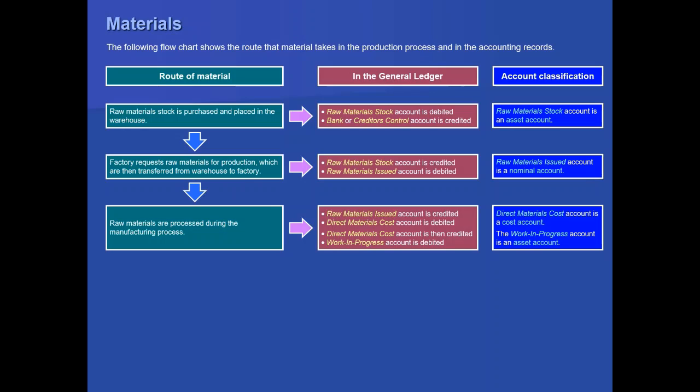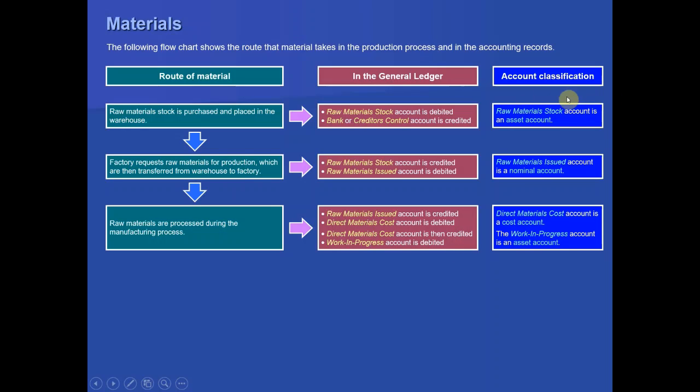This direct material cost account, as already mentioned, is a cost account. We get rid of it and transfer it to the work in progress account on the debit side, and that's an asset account, and we know asset accounts increase on the debit side.